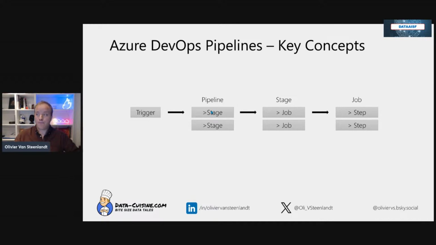Then a pipeline consists of one or multiple stages. And a stage can be a logical grouping of different jobs and steps. So a stage can be, for example, build my database project based on a certain repository. And then the job can be the build job. And in that job, we're going to create a couple of steps.